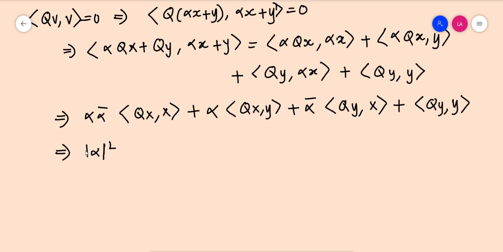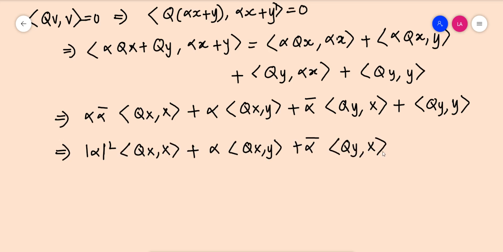Now α times ᾱ is modulus of alpha squared, given that alpha is complex. So we get modulus of α squared inner product ⟨Qx, x⟩ plus α times ⟨Qx, y⟩ plus ᾱ times ⟨Qy, x⟩ plus ⟨Qy, y⟩.